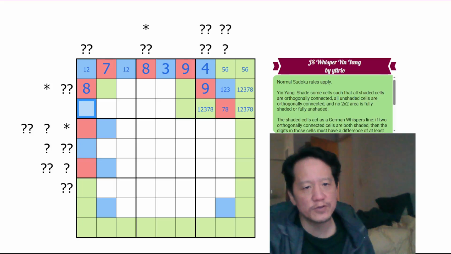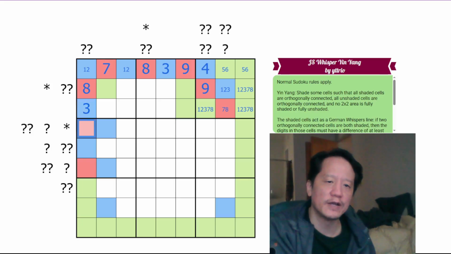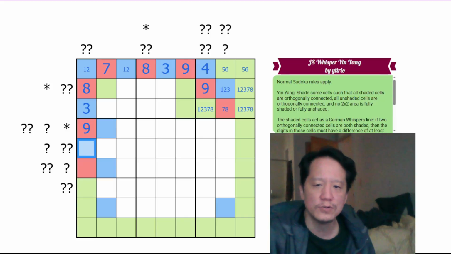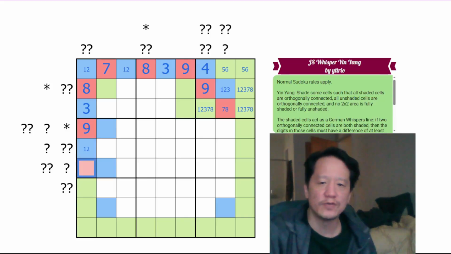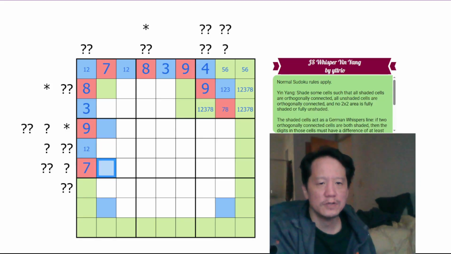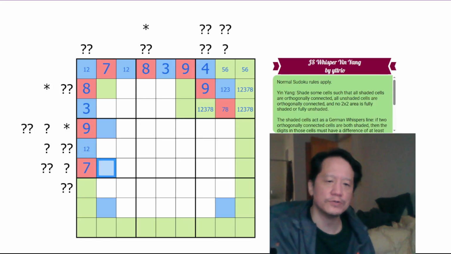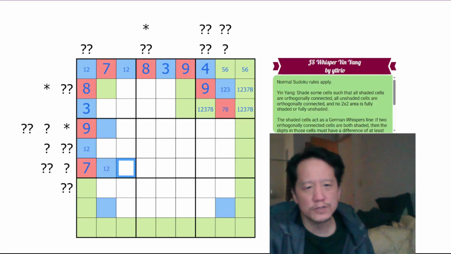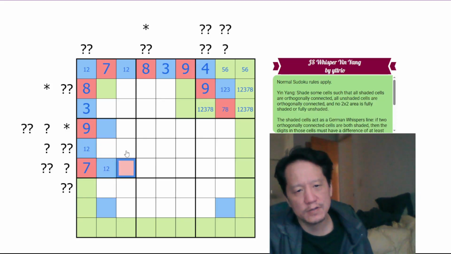So then this would have to be 3. We'd have to have 9 here. This would be 1 or 2. And then this would be 7, which would be next to a 1 or 2. So then this would have to be red, because this is not a two-digit number yet. This would have to be 3 or 4.